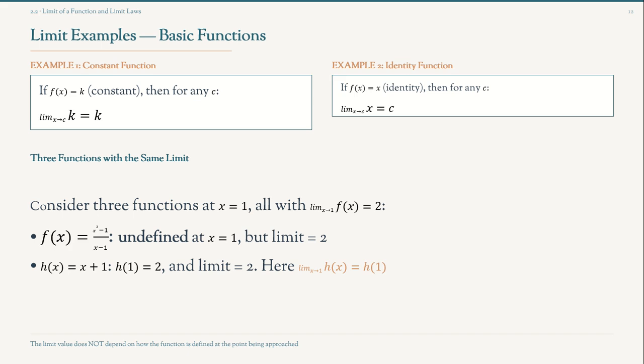Now, limit examples for some basic functions. First one: if f of x equals k, where k is a constant, then for any c, the limit as x tends to c of k.